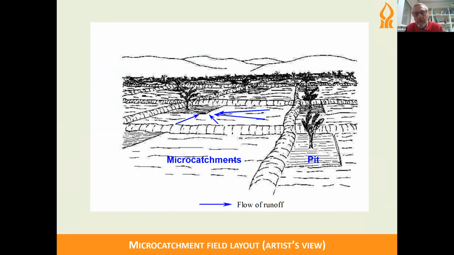We have an area which generates the runoff, which is quite small. It's of the order of 100 square meters or less. And there's a pit in which we have a tree. The runoff flows into this pit, and the tree is supposed to grow. These systems are easier to manage than the large ones because you've got less water.